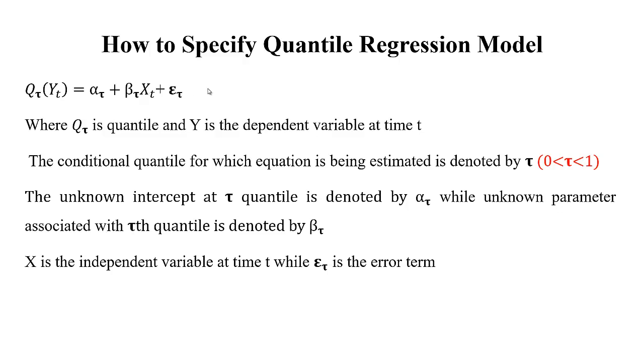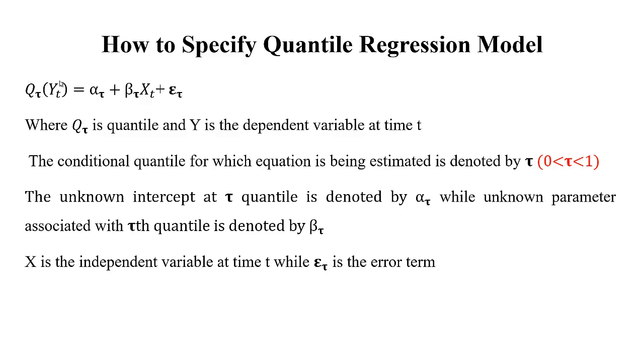X is the independent variable, while this is the error term. So when we have a model without this tau, then we can say the model is a classical linear regression model. What makes this particular model a quantile regression model is this tau. So when you want to specify a quantile regression model, you should add this tau to it, and this tau is the one that indicates the quantile.